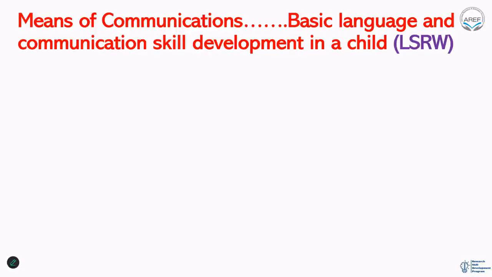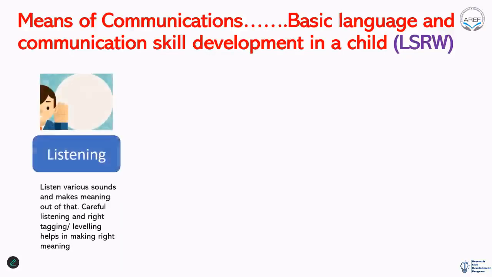Now, how does this communication skill get developed in a child? If we look at the basic communication theories or basic language and communication development in a child, who starts understanding the communication process, it starts with listening. It's very, very important.